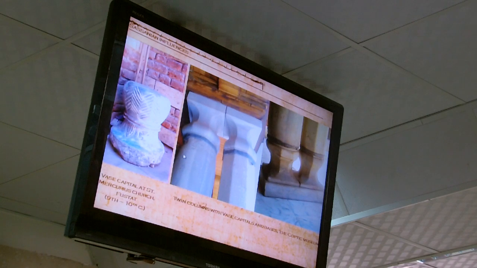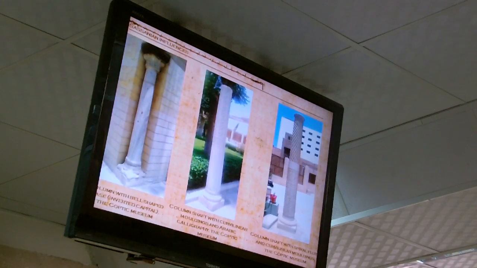And more base capitals at St. Mark's Church, North Cairo, and the Coptic Museum. We have the inverted capital base here, and this one, and here we have the shaft with the curvilinear moldings and Arabic calligraphy.